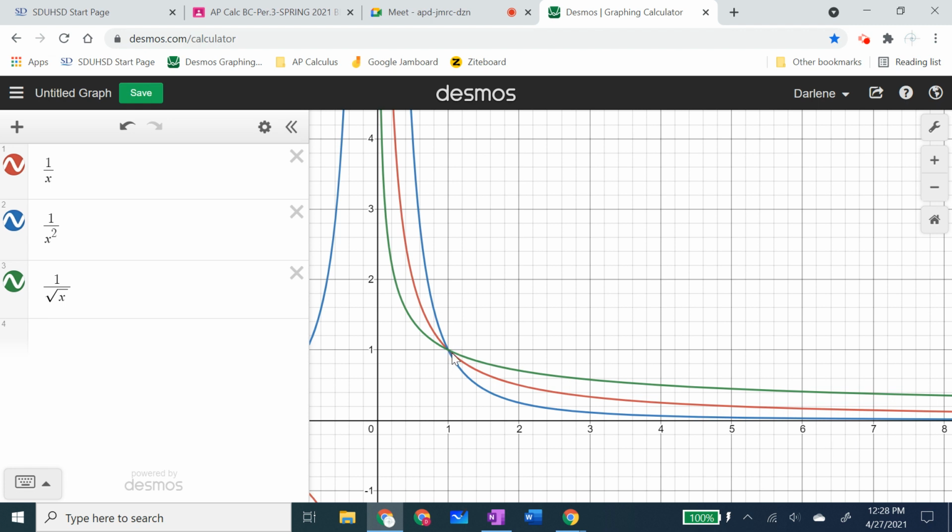Its exact match, as I look at 0 to 1, is 1 over root x. 1 over root x is the same graph as 1 over x squared, except flipped over y equals x. If you are looking at an integral from 0 to 1 with 1 over root x, that will converge.